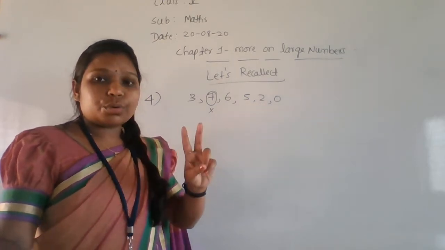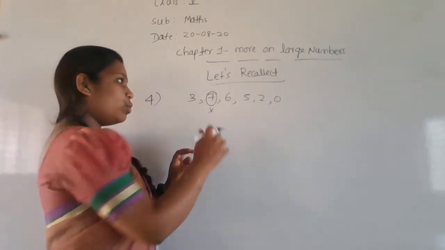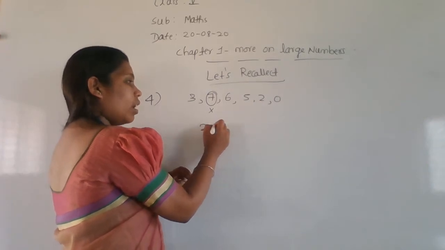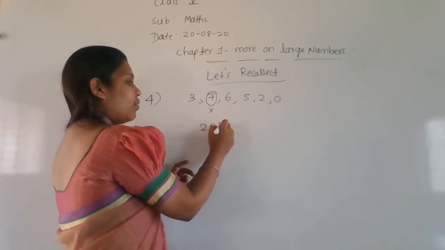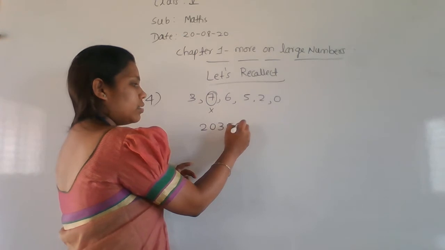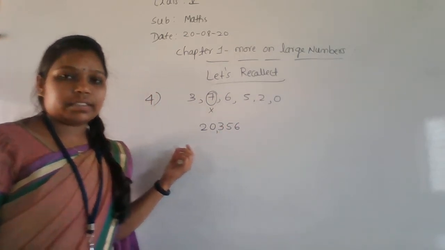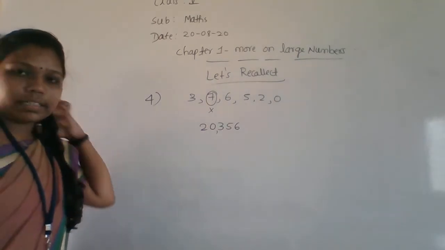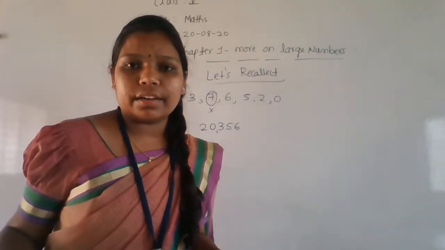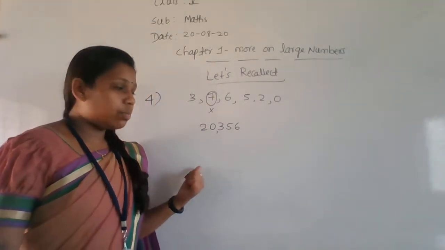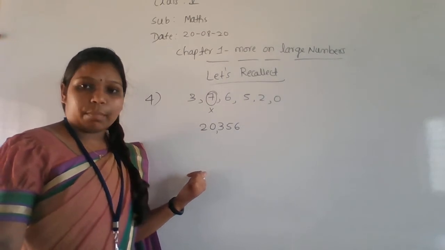Here 2 is the smaller value. So write here 2. After that 0, after that 3, 5, 6. Okay. 20,356 is the smallest 5-digit number here. That is the smallest 5-digit number.